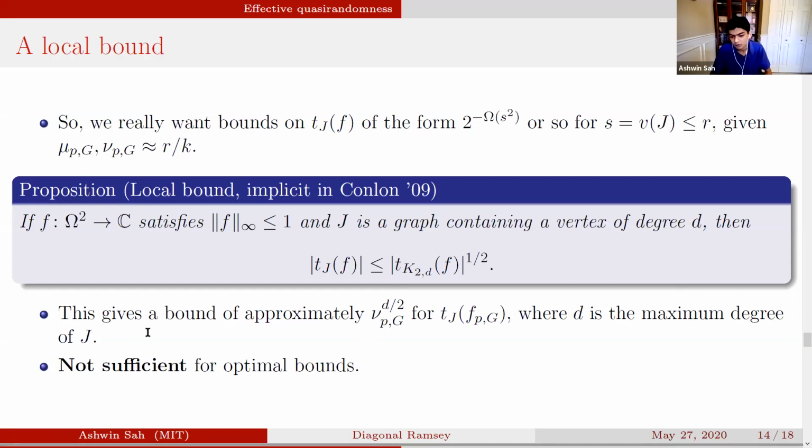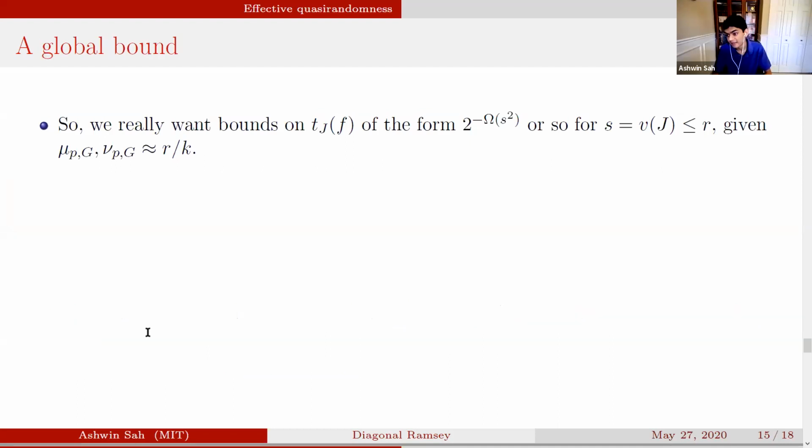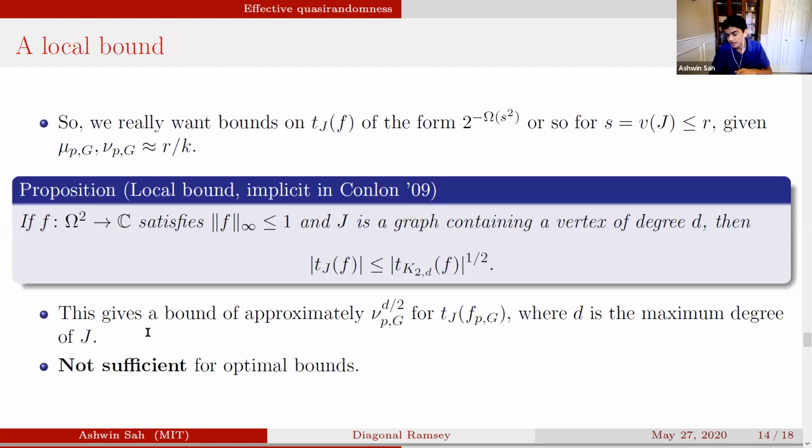So we want to do better than that. We want to do better than just considering the local structure of this graph. And today, we want to somehow incorporate the global structure of J and get more factors of nu out, basically. We want more of these terms to show up.